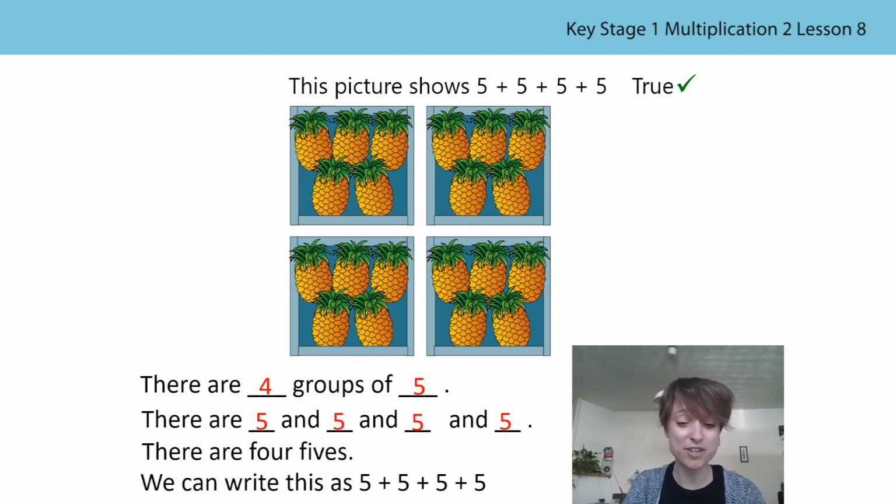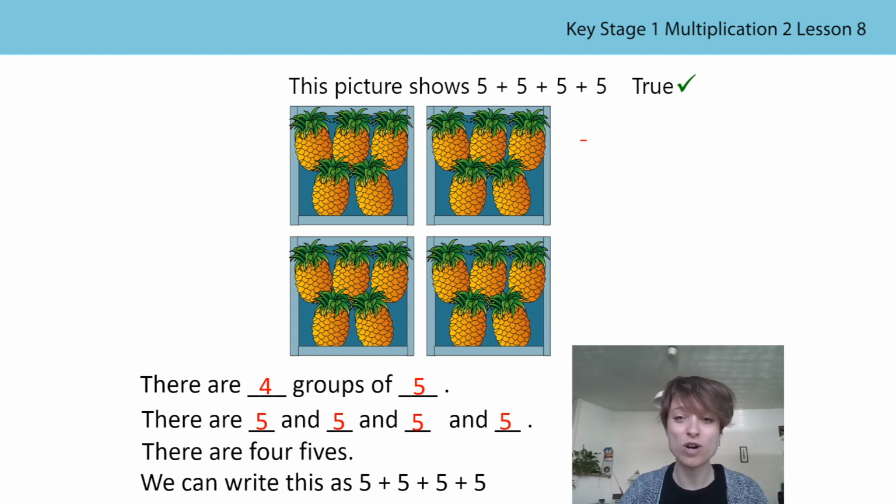Each 5 represents the number of pineapples in each box or each group. There are 5 pineapples in each box. So why are there 4 5s? There are 4 5s because there are 4 groups of 5. There are 4 boxes of 5 pineapples.